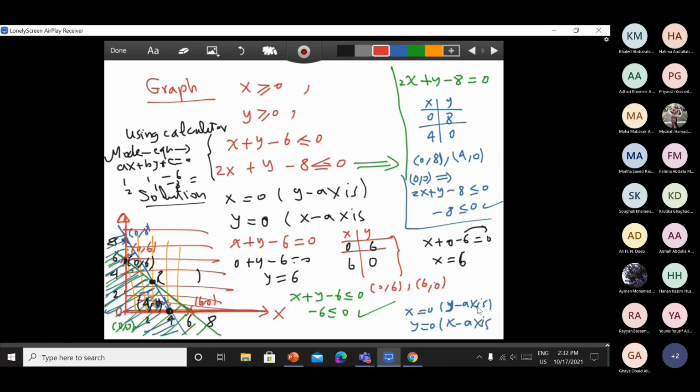Choose it. It's asking you to input the coefficient. The coefficient of the first one is 1, 1, minus 6. After each one, you press equal to jump to the next. The coefficient of the second equation is 2, 1, minus 8. Once you press equal, it gives you what? X equal to what?